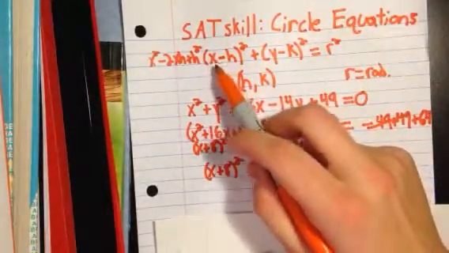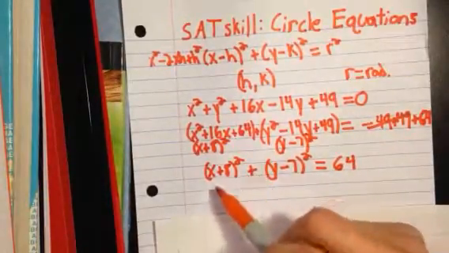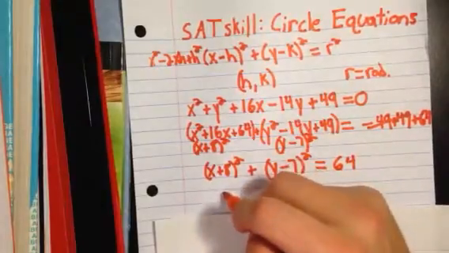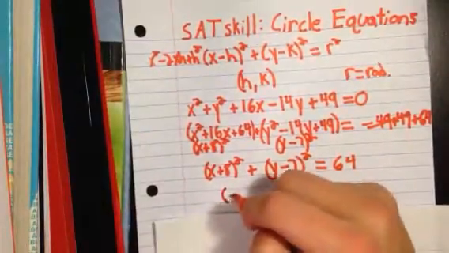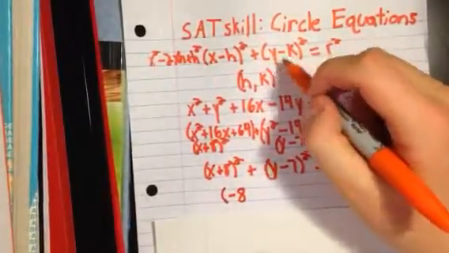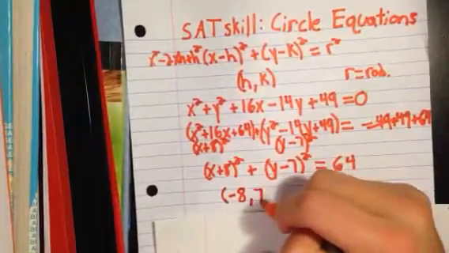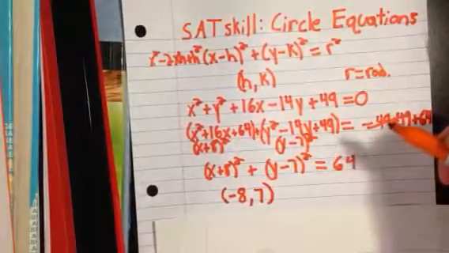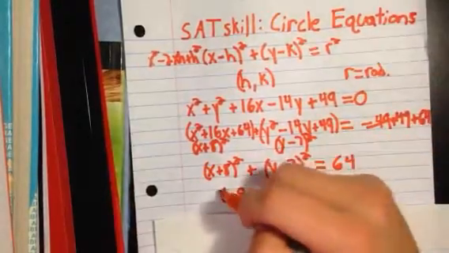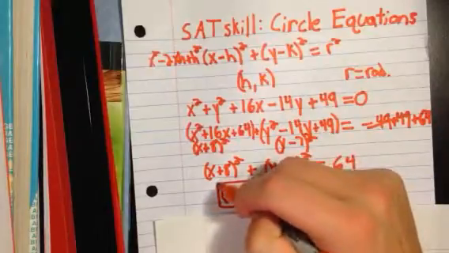In standard form, we have x - h, and here we have x + 8, so the value of h will actually be negative 8. Then for y - k, here k is going to be 7. So the center of this circle within a coordinate plane will be (-8, 7).